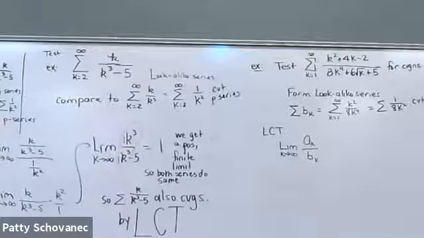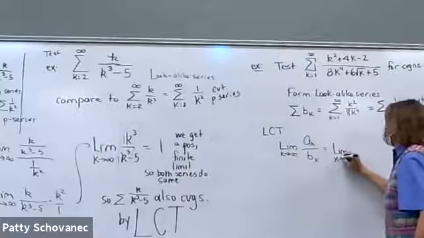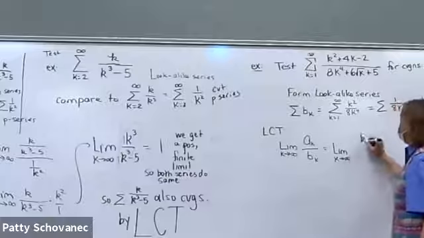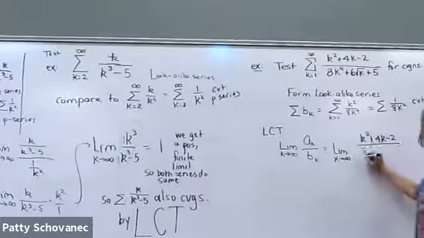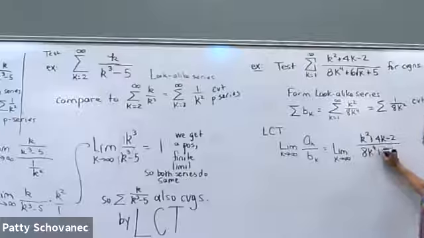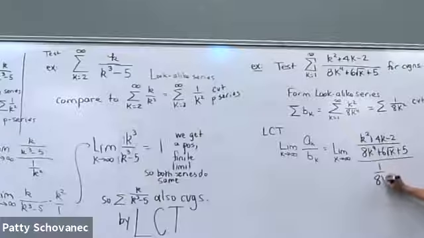If I get a positive finite limit, both series are going to converge because my comparison series converges. So I take the limit as k goes to infinity, put my a_k term on top, put my b_k on the bottom, and try to take that limit.